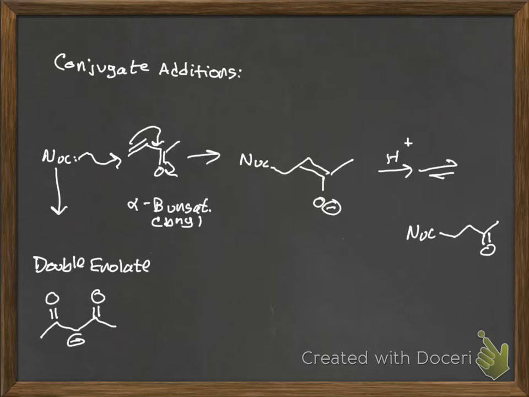In the last video, we discussed what enolates would do this. As I said, double enolates that can exist between a whole bunch of things. So what substrates will this work?